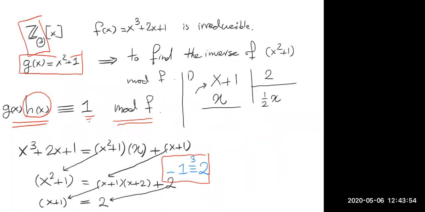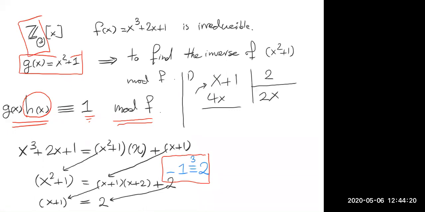And then when you change the sign, they cancel each other. But 1 over 2, in some sense, is not in Z3. But in another sense, it's correct because the inverse of 2 in Z3 is really 2, which means if I multiply 2 by 2x, I would get 4x.